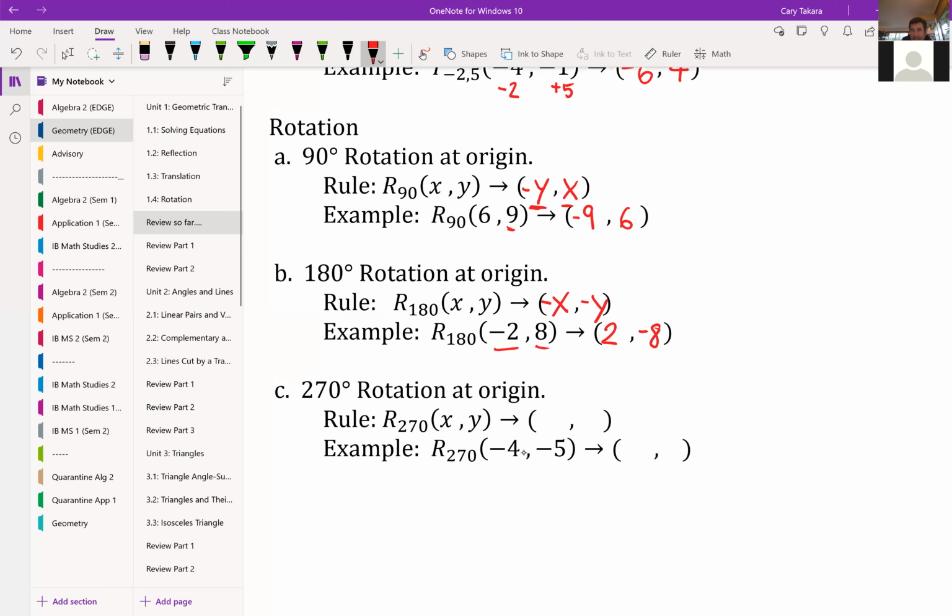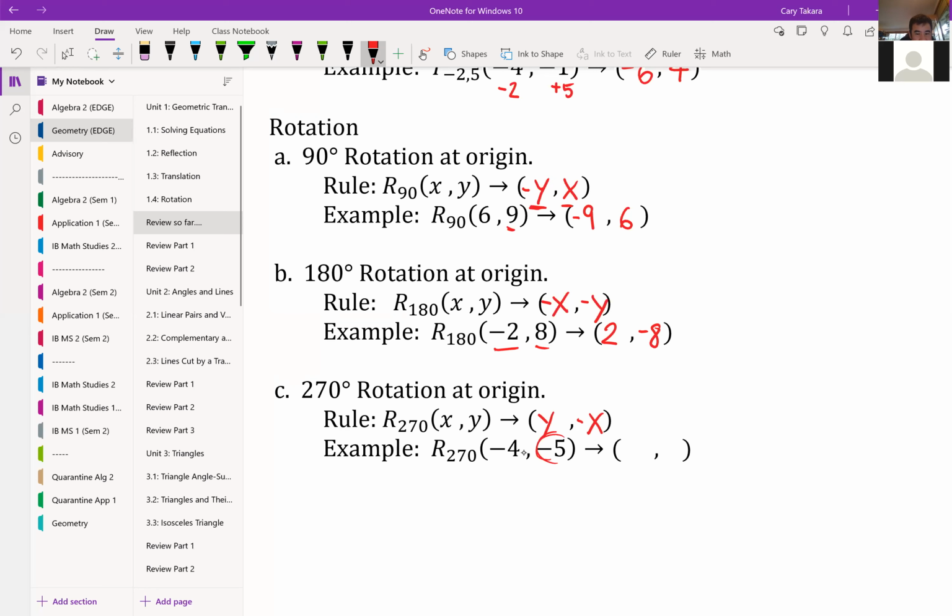And then lastly, 270-degree rotation. And what would that become? Sounds like somebody has already figured it out. It's y and opposite x, okay? So the first entry is the y value. Now what is the y value?